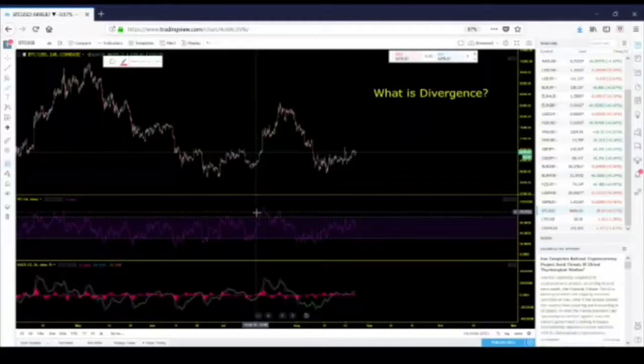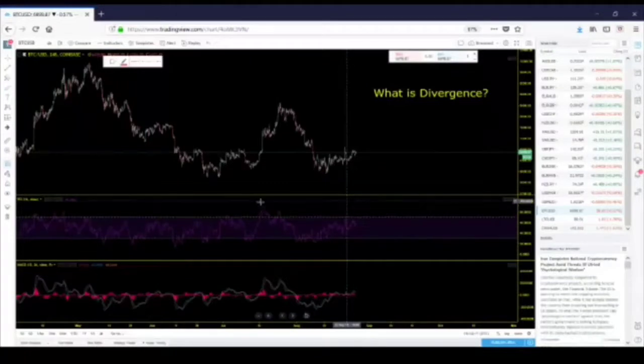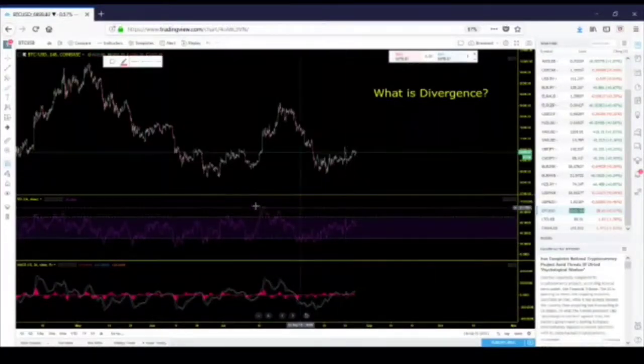In this particular situation, there was a recent move down Bitcoin has made in the last 2 weeks. Just to give you an example of what happens in the market when looking at divergence, as you can see, we have the RSI in purple. I hope you can see visually what is happening at this point here.